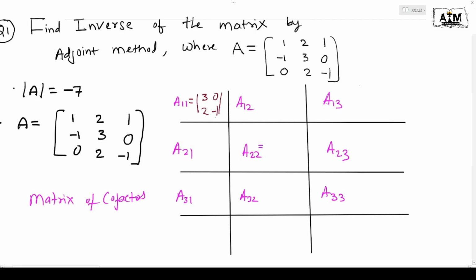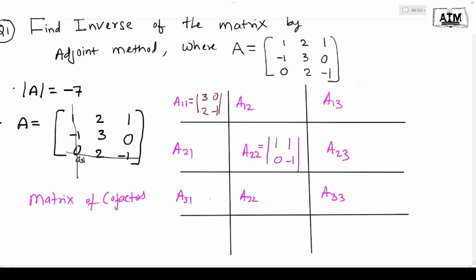Now suppose you want to find the cofactor A22. This is A22, so delete that row and that column in which A22 lies. Then what are the numbers left? 1, 1, 0, -1. And suppose you want to find the value of cofactor A31. This is the element A31. So forget the row and column in which A31 lies.